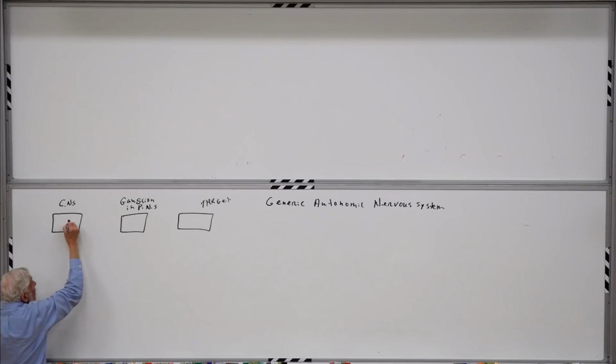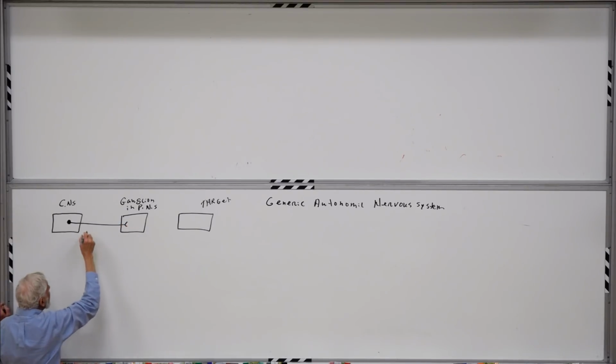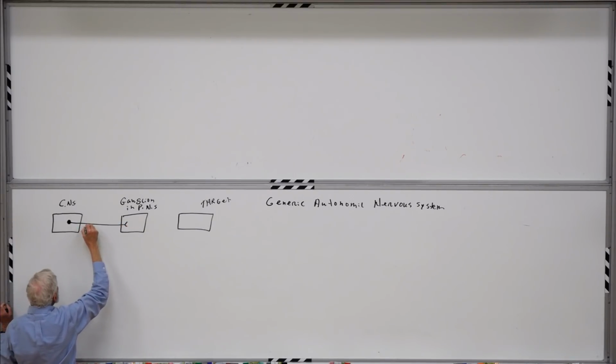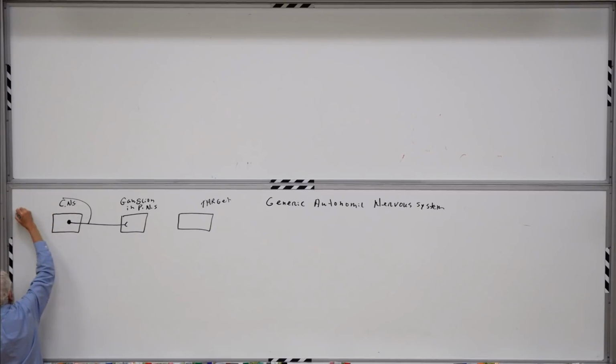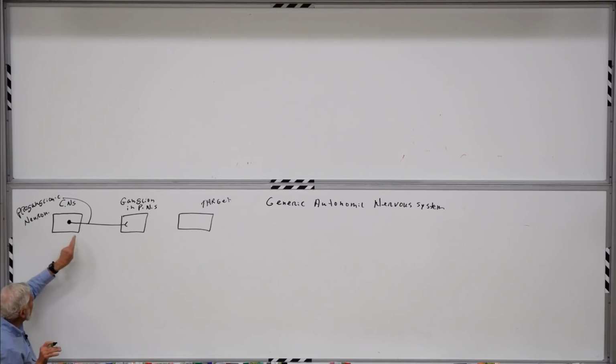This neuron has its cell body in the central nervous system and sends a process out into the periphery where it will form synapses or output regions. This neuron is known as a preganglionic neuron. So whether we're looking at the sympathetic or parasympathetic branches, recognize that the preganglionic neurons always have the cell bodies in the central nervous system.